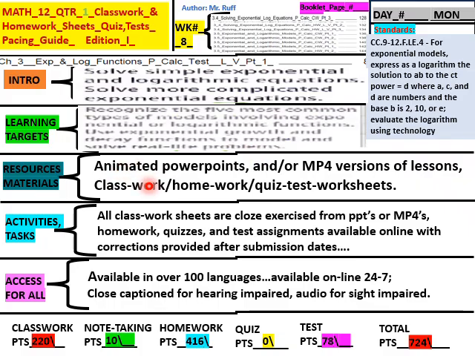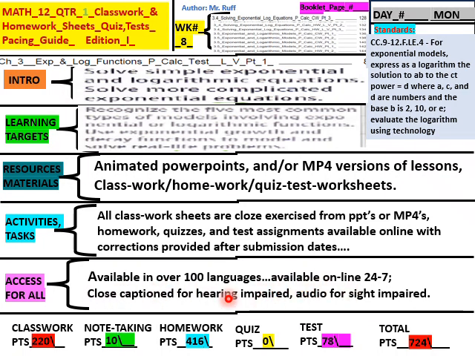And then resources, materials, animated PowerPoints, and MP4 versions of lessons, classwork, homework, quiz, test, worksheets, activities, and tasks. All class worksheets are closed exercise from PowerPoints or MP4s. Homework, quizzes, and test assignments available online with corrections provided after submission dates. Access for all. Available in over 100 languages.